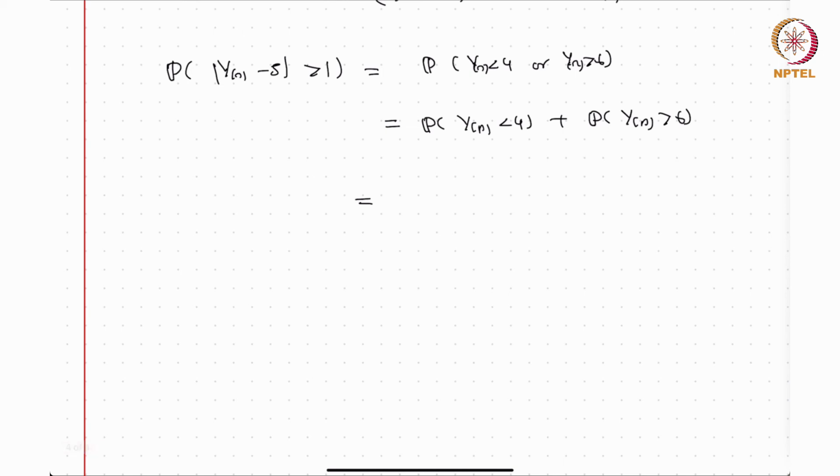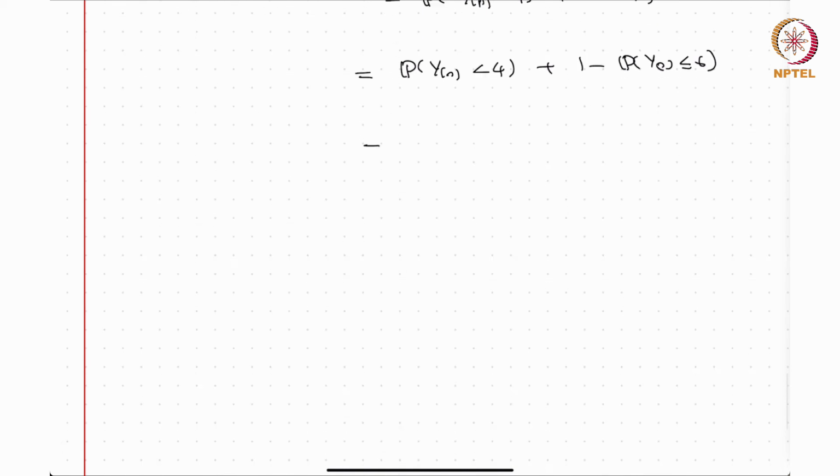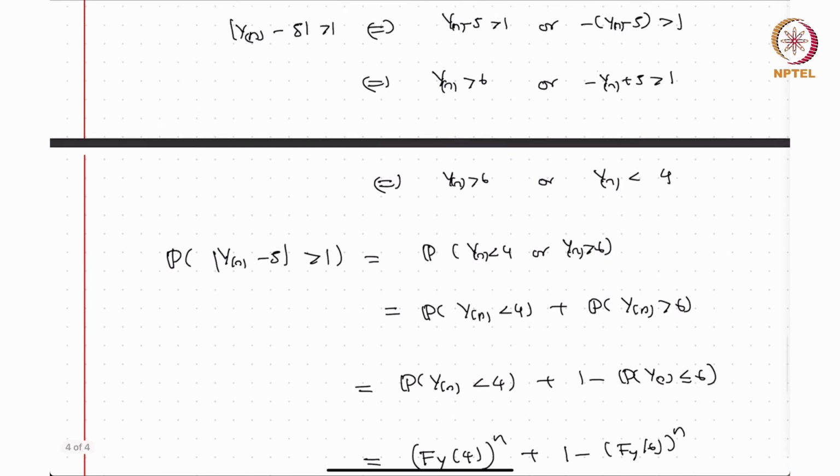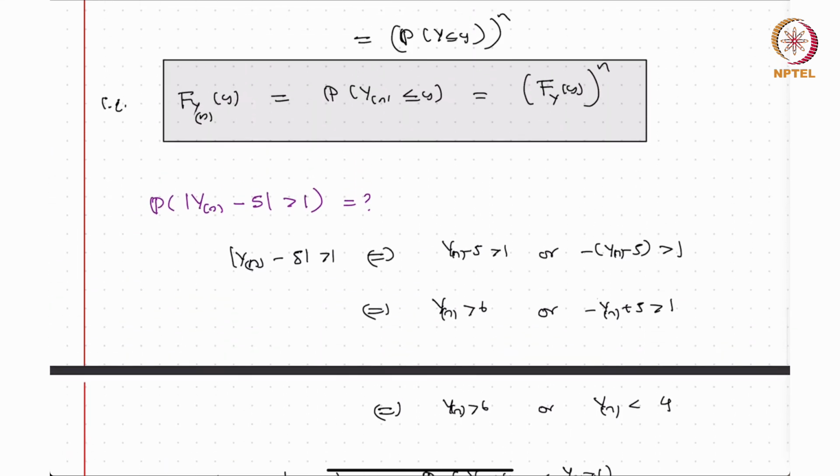So you write this as the probability of yn less than 4 plus 1 minus the probability of yn less than or equal to 6. Since we are in the continuous variable setting, it's F_Y(4) to the power n plus 1 minus F_Y(6) to the power n. That's the answer from this calculation. Let's call this calculation 1.